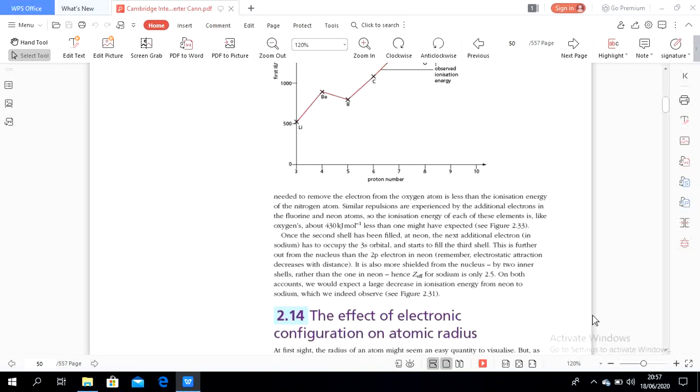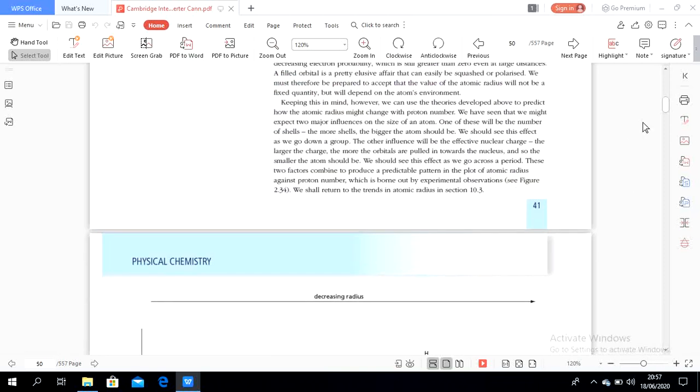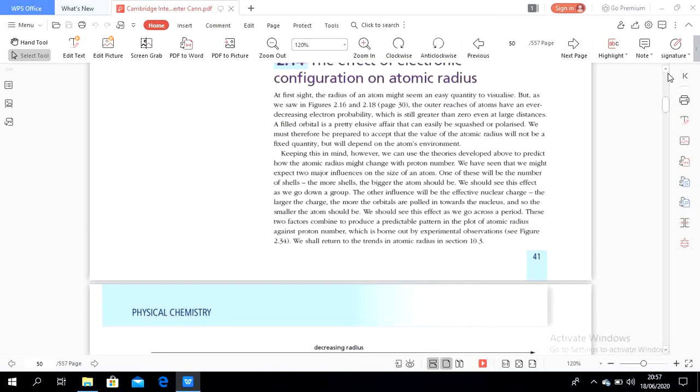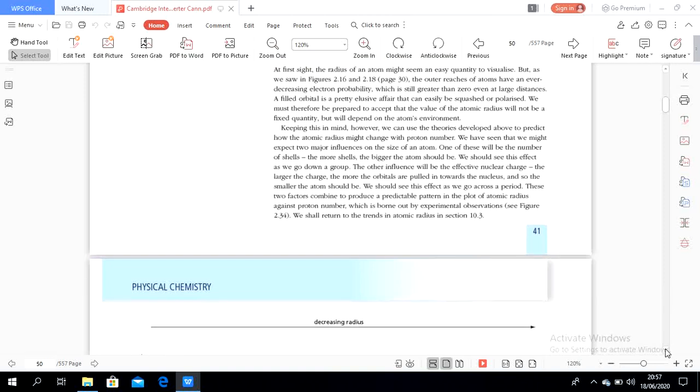Now, the effect of electronic configuration on atomic radius. At first sight, the radius of an atom might seem an easy quantity to visualize, but as we saw in figures 2.16 and 2.18, the outer reaches of an atom have an ever decreasing electron density. Keeping that in mind, we can use the theories developed above to predict how the atomic radius might change with the proton number.